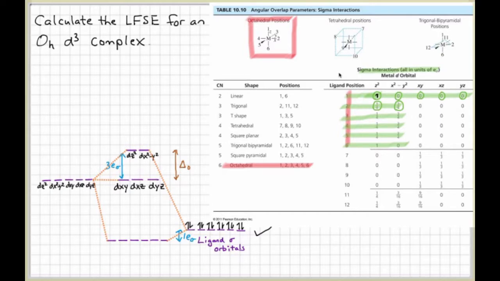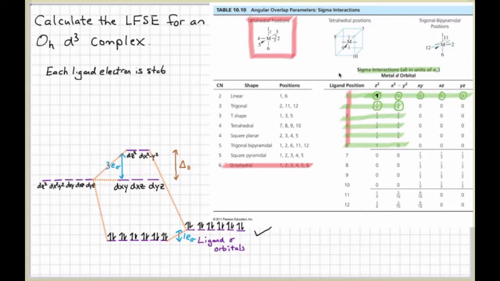So let's do a quick example using this particular diagram to calculate the ligand field stabilization energy for an octahedral D3 complex. To do this, we're going to show our ligand pairs of electrons stabilized each by 1 E sigma.